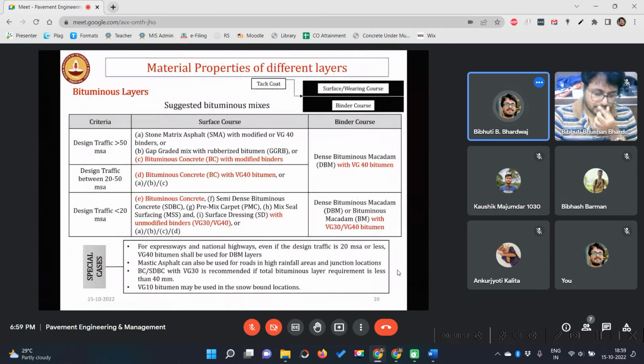Okay. Now coming to different types of bitumen that is used here. Now you will know it better. This is called stone matrix asphalt. Generally bitumen plus aggregate is there. Bitumen is heated, it becomes liquid.